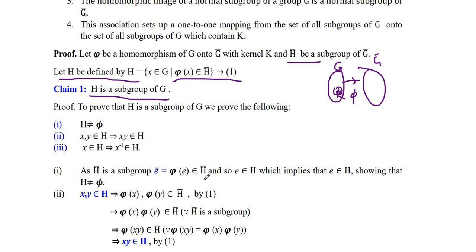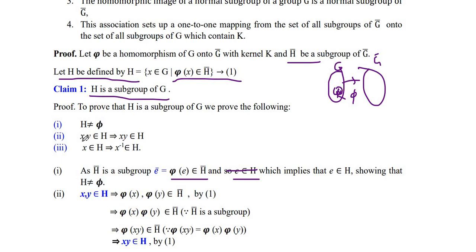Identity element must be present. So whenever we have phi of E in H bar, when this criterion is satisfied by any element, that element has to be in H. So we conclude that E belongs to H, which shows that H is non-empty.